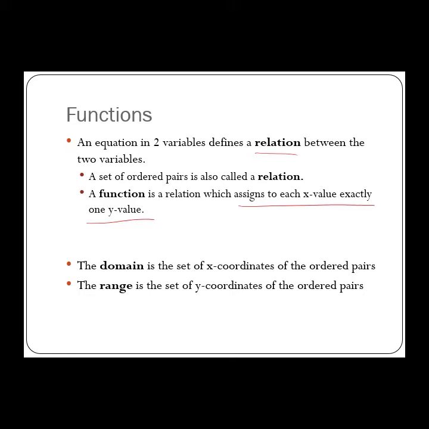So, for example, if I do something like x equals y squared, that's a relationship connecting the variable x and the variable y, but it's not a function because in this case I can have 1 equals 1 squared, but I can also have 1 equals negative 1 squared. So there is an x, 1, which is actually related to two different y values. So that's what makes it not a function.